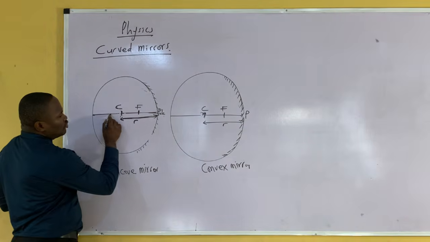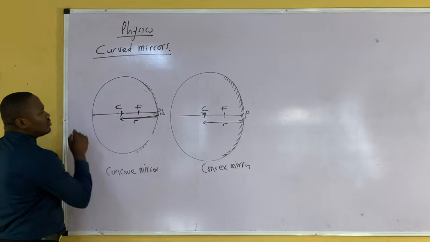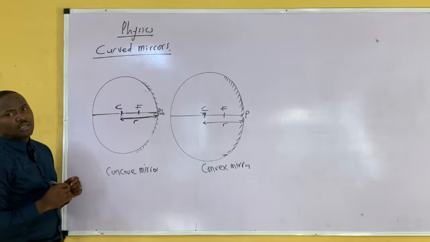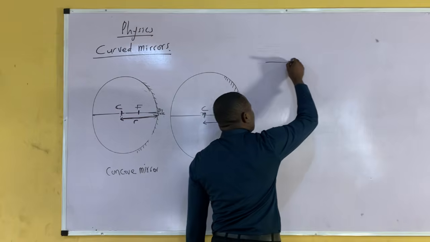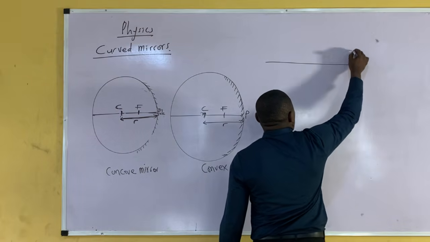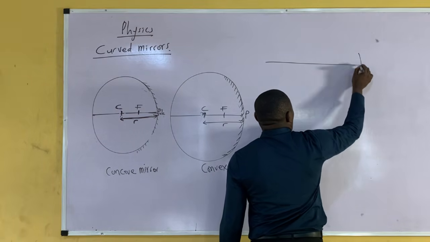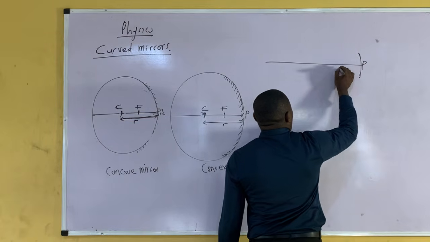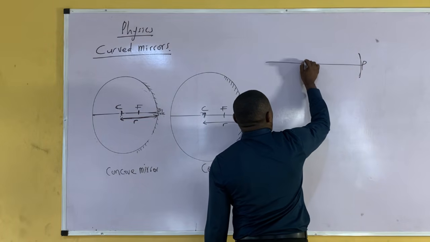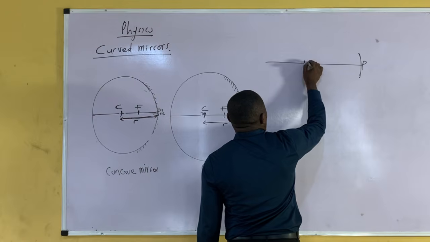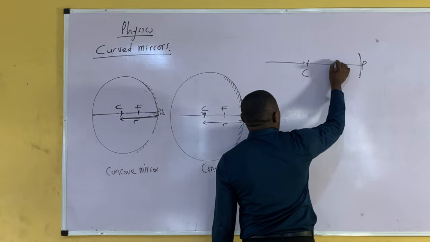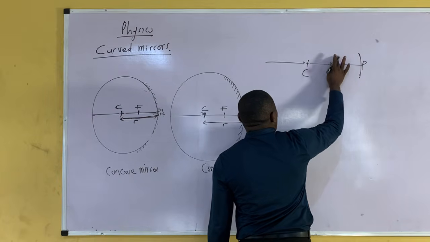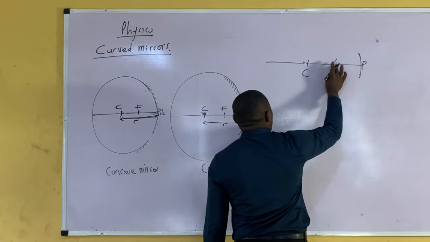This line drawn as the diameter is referred to as the principal axis. So in a principal axis, I have the pole here, I have half of the line which is called the center of curvature, and half of this which is called the principal focus.